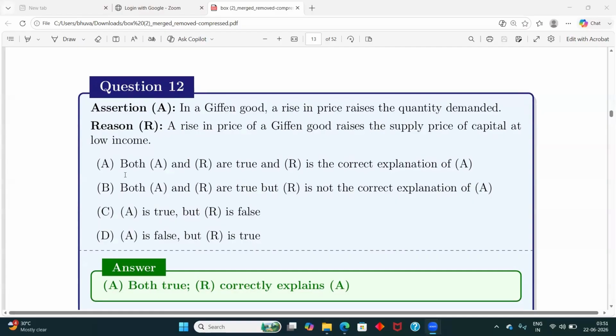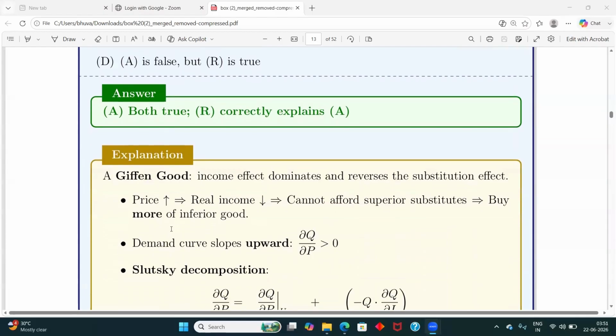Option A, both assertion and reason are correct. Option B, assertion and reason are correct but not the correct explanation. C, assertion is true but reason is false. In D, assertion is false and reason is true. So let's see the explanation of this question.